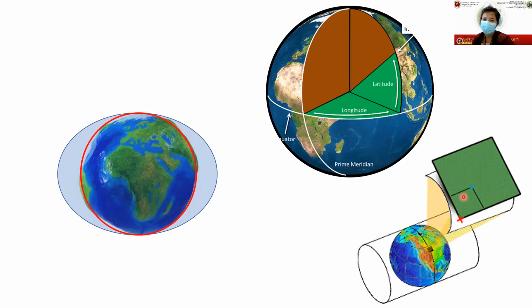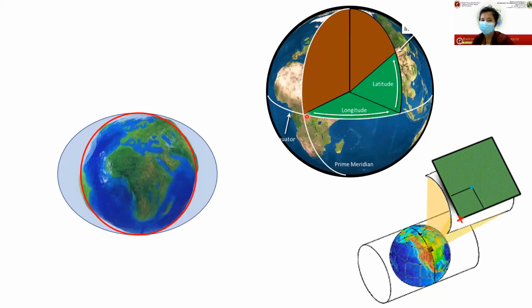At this point, we can locate the position using a coordinate system, in terms of latitude, longitude, and height. Let's say this is the point of observation. We can compute its position using the reference system, simply by using the prime meridian to which longitude is referred.